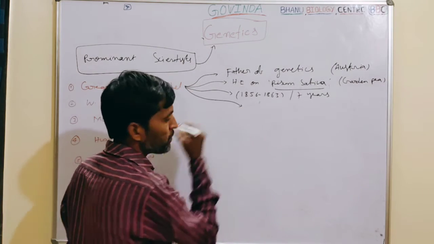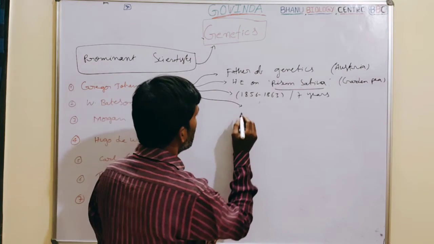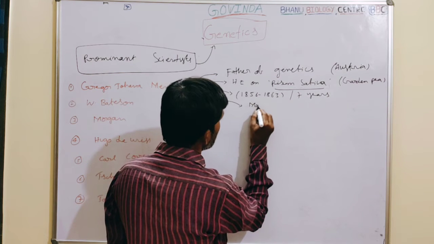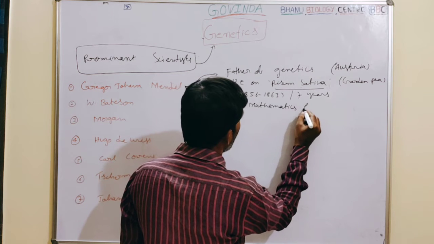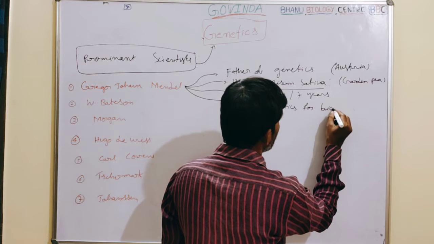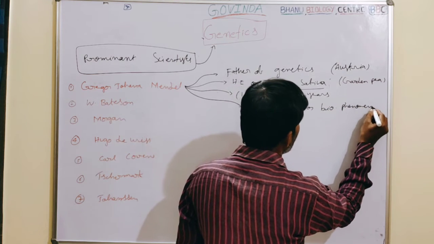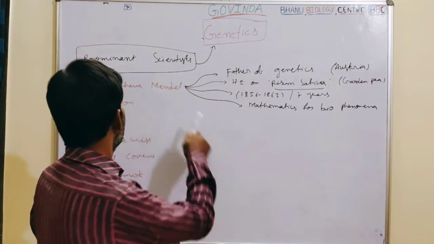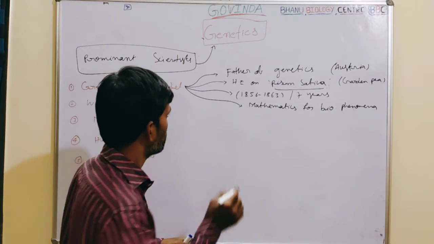He was the first person who used mathematics for explaining biological phenomena. For explaining the biological concepts or phenomena, Mendel used mathematics.